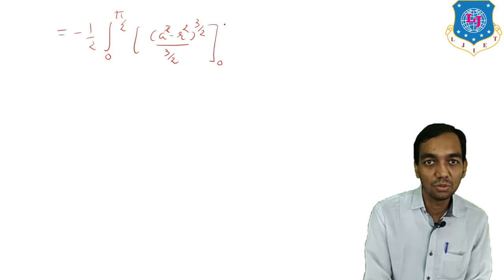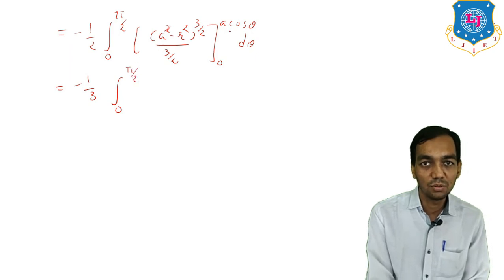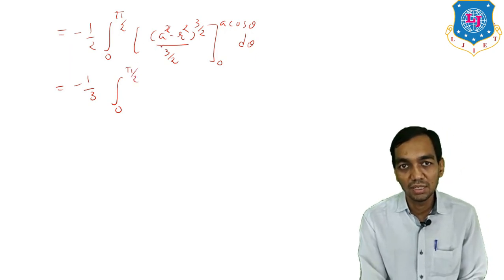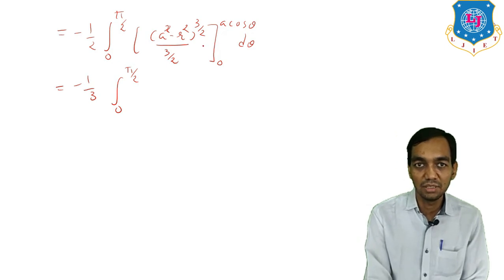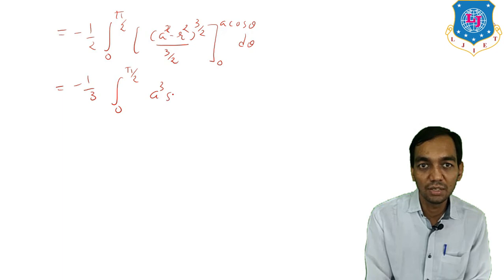And the limit is from 0 to a cos theta d theta. Now 3 by 2 is a constant, take it common out, and you will have minus 1 by 3 into the integration 0 to pi by 2. Now a square minus a square cos square, so a square common out, and that will be a square sine square theta raised to 3 by 2. That means you have a cube sine cube theta.